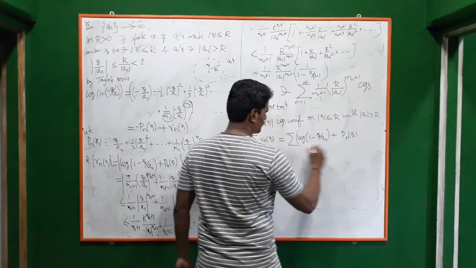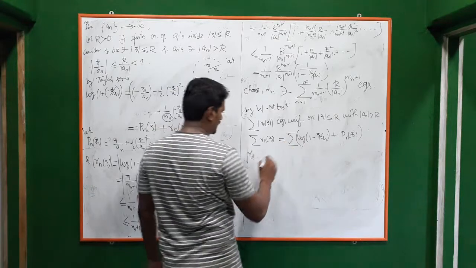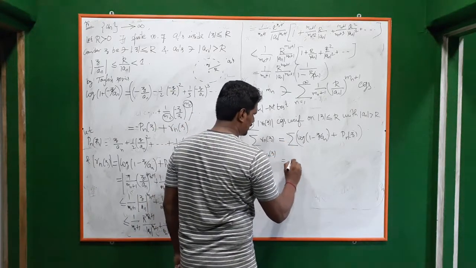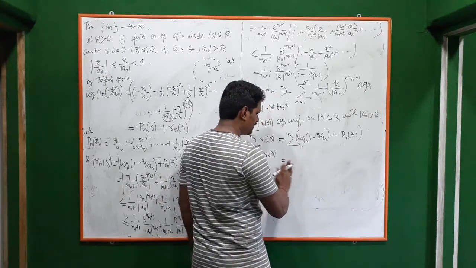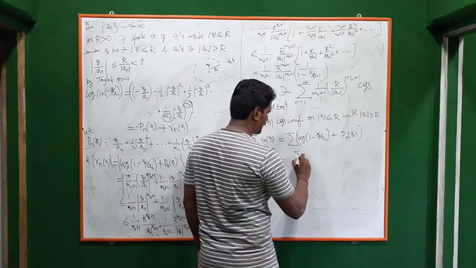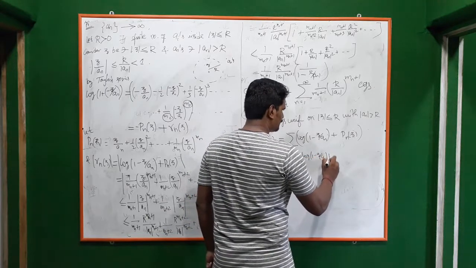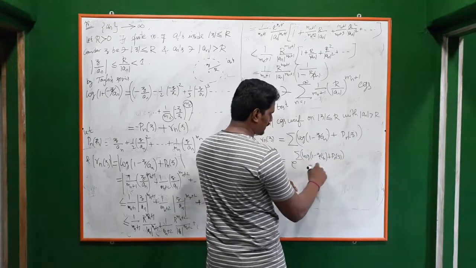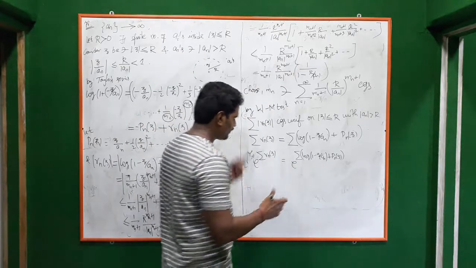Summation is for both, common. Correct. Take exponential on both sides. E power summation Rn of z is equal to e power summation log 1 minus z by an plus Pn of z. If this is there, e power summation means that will be product, correct?